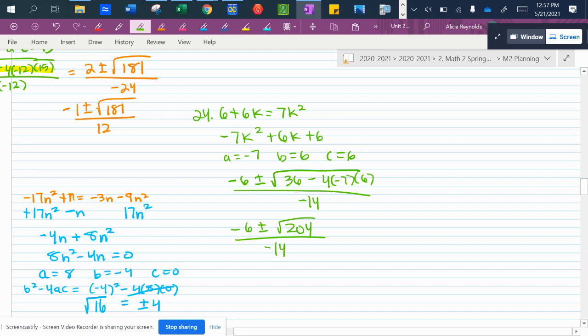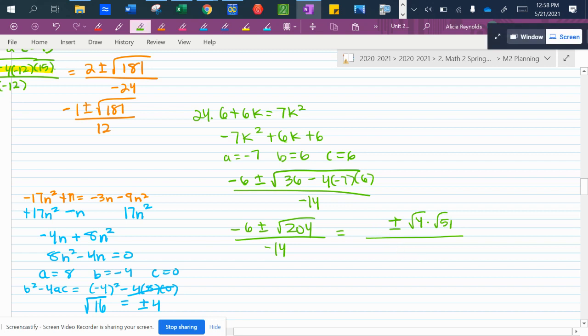Over negative 14. So if we're thinking about 204, that's divisible by 4. So this is going to equal negative 6 and negative 14 can simplify to positive 3 over 7. And we said that this was the square root of 4 times the square root of 51.